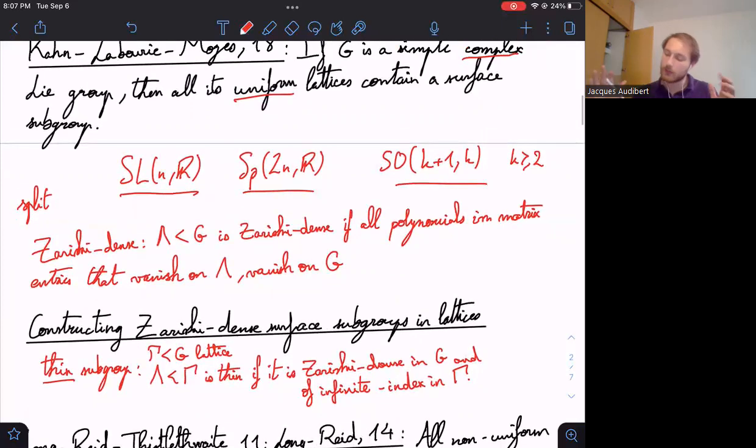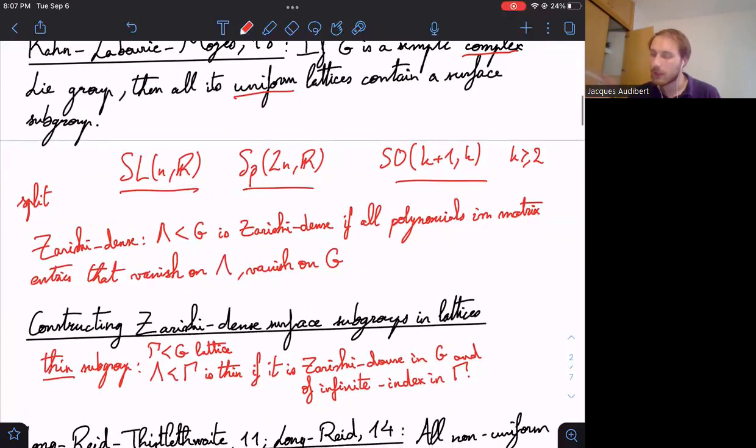And if we manage to construct Hitchin representations in lattices that are Zariski dense, then they will necessarily be thin, because a surface subgroup is almost never of finite index in gamma. When we look in SL3R or higher groups, it will always be of infinite index.